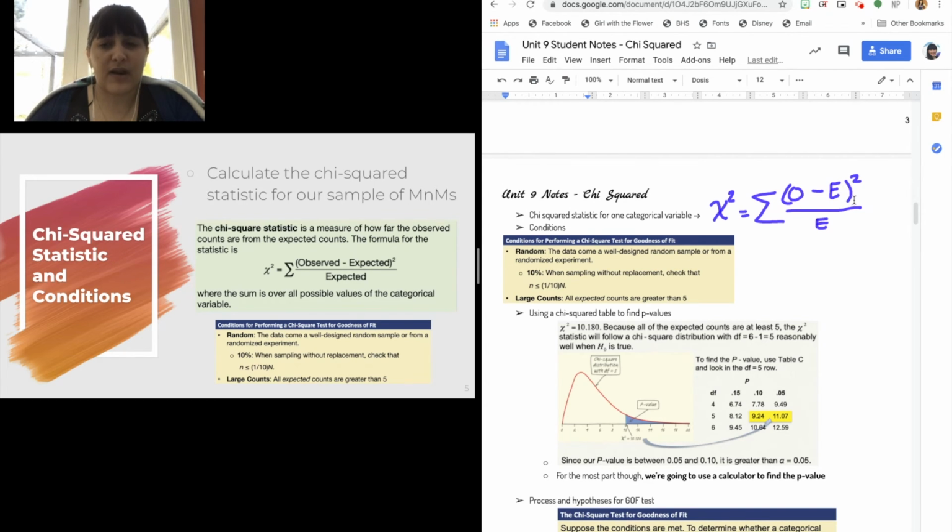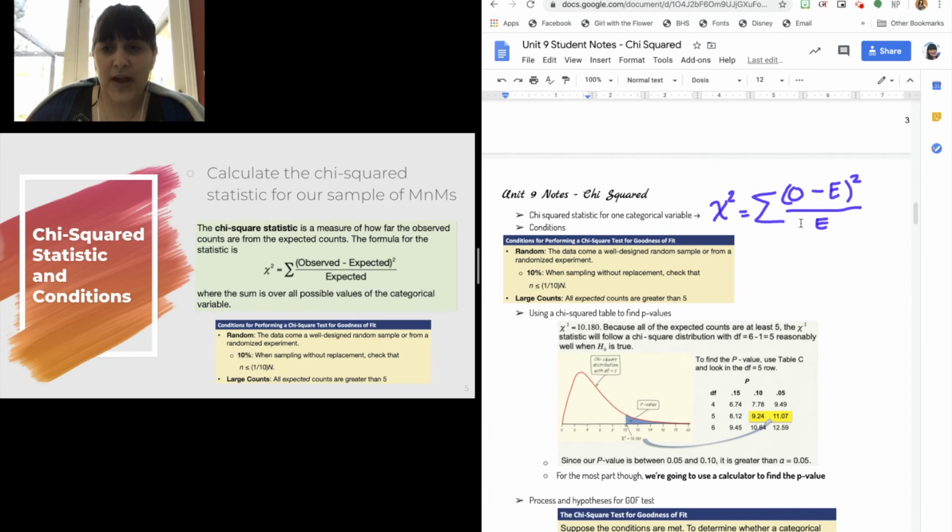That's the only way to guarantee that this number up here, the O minus E, is positive. Like in the example that I just gave, O was 20 and E was 24. So this would be -4 up here, okay? And then we'd square it and we'd get 16. Okay, and then E, again, is still the expected value. So if I put 24 here, I would put 24 here.